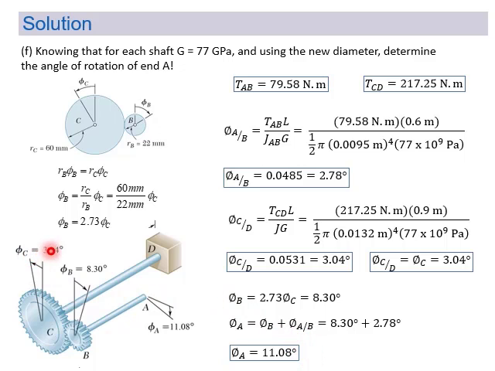You see here phi C is 3.04, and because of that gear B is rotating 8.3 degree. But then because shaft AB is also twisted, the total angle at A is equal to this value, 11.08 degree. Okay, thank you for your attention.